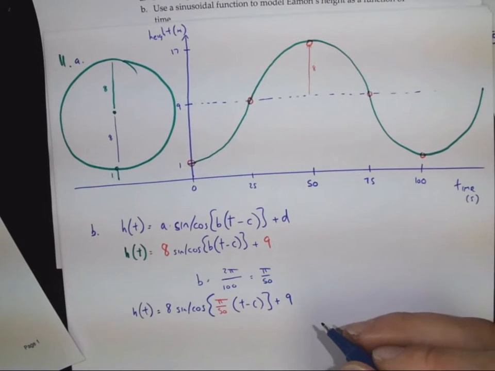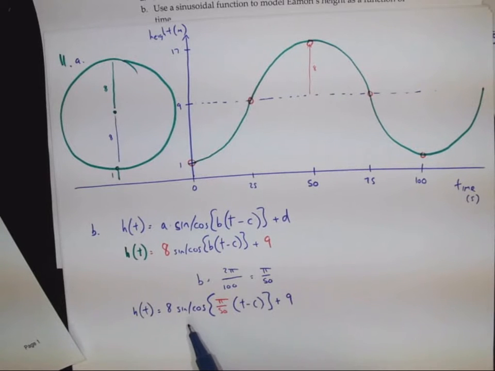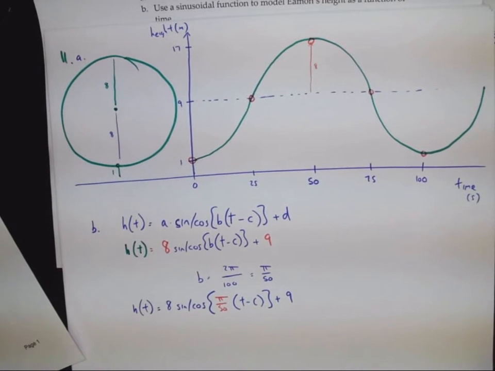Now, the next two things are the phase shift and whether it's a sine or a cosine curve. But the phase shift depends on whether it's a sine or cosine curve, because we can choose correctly one of these values that will help us make a phase shift of 0, and sometimes that makes less work for us. It doesn't always work. In this case, it does. And when we're done that, we'll have to see what c is.